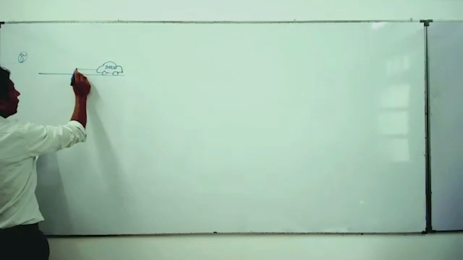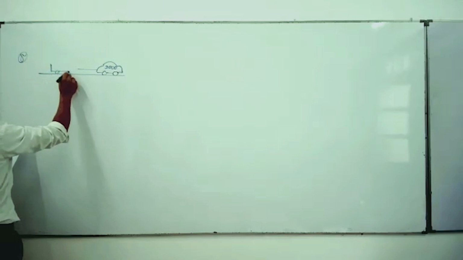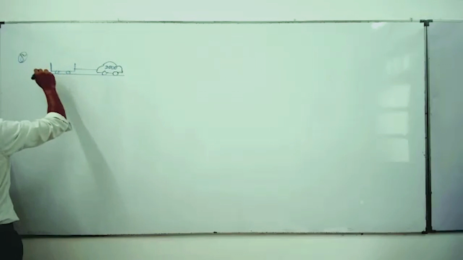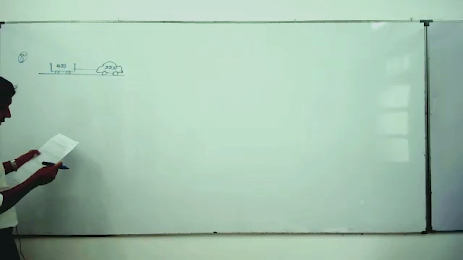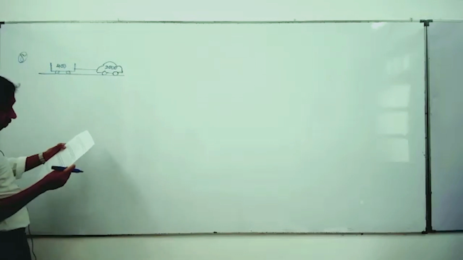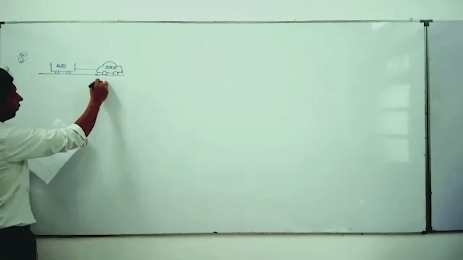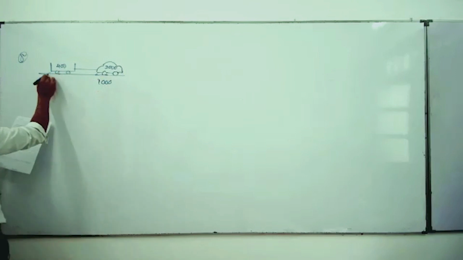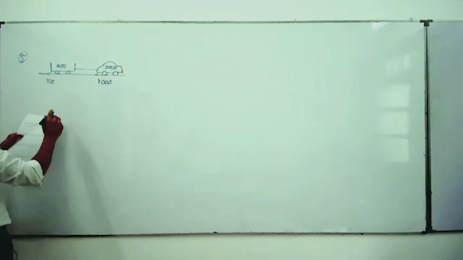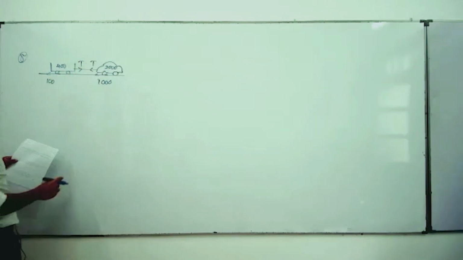It pulls the caravan of 400 kilograms along a horizontal track. The resistance on the car is 1000 newtons, and on the caravan 100 newtons, right? In the tow bar, the tow rope, the tension is T, suppose.